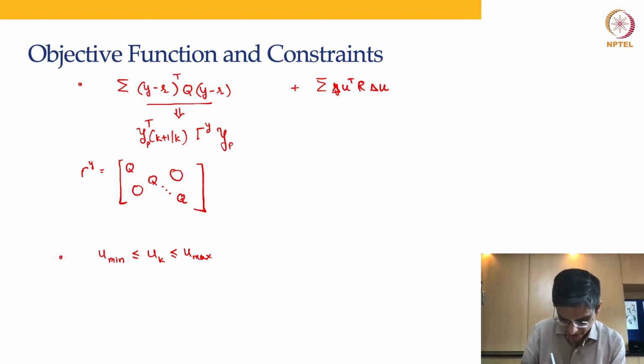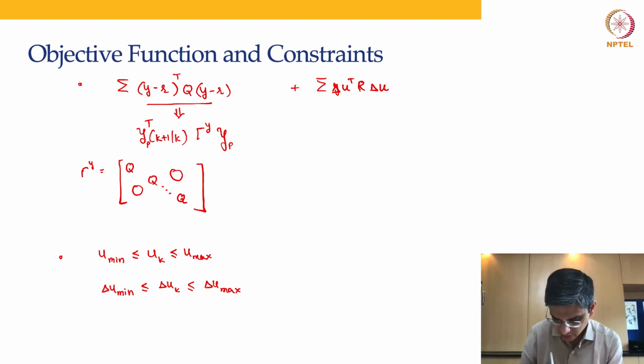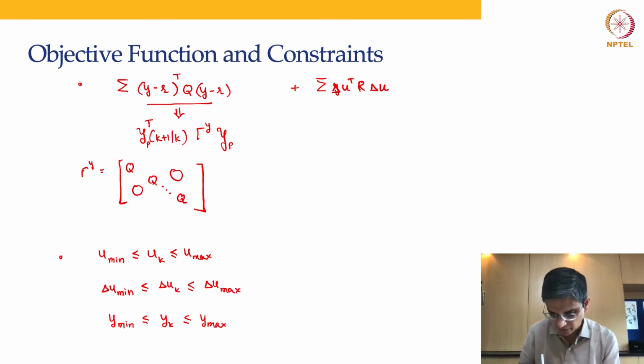The input rate constraints are of the form delta u min less than or equal to delta u_k less than or equal to delta u max. Okay, and we have y min less than or equal to y_k less than or equal to y max.